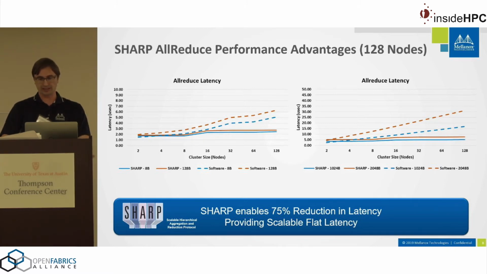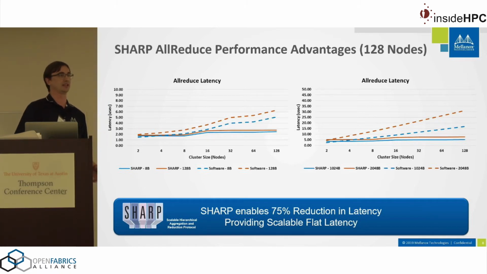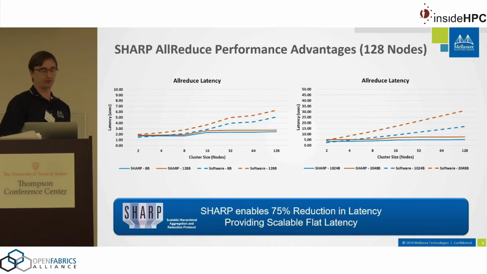We can observe the effects of scaling for the host-based solution. However, because SHARP offloads the operations onto the network, the latency is only affected by the switch level that you have to absorb, really once, and then the latency remains flat.